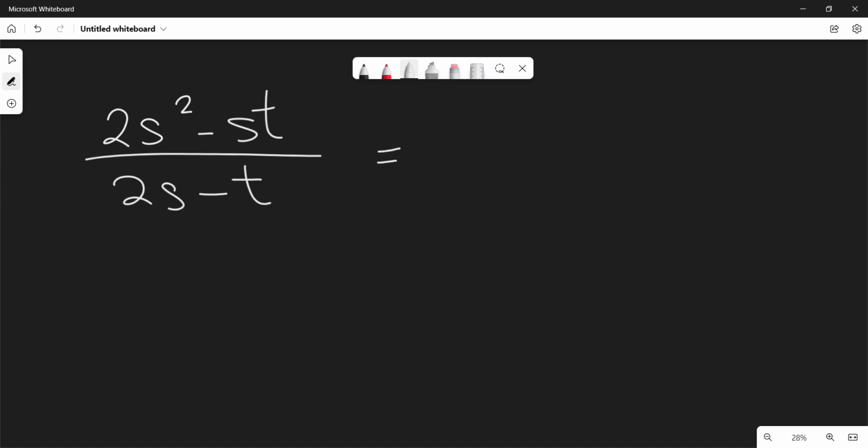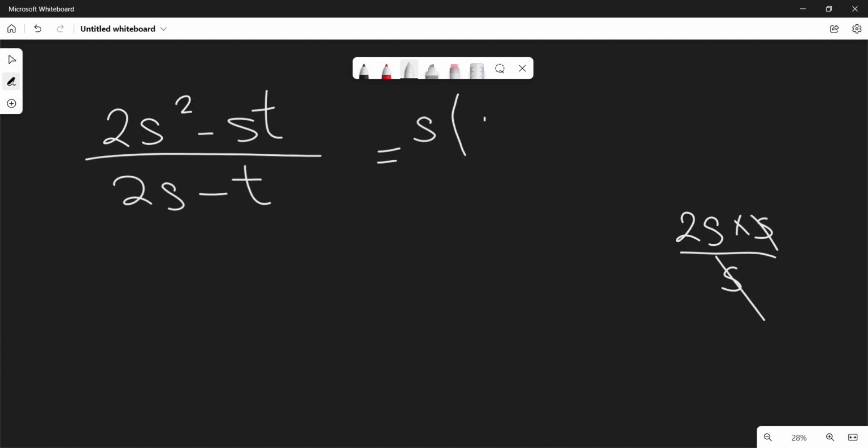So in the numerator, I'm going to factorize s, because I see s is common between my 2 terms in the numerator, right? So I'm factorizing, that means I'm taking s out. So I can go to the side and say 2s squared, or I can write it as 2s multiplied by s divided by s, right?